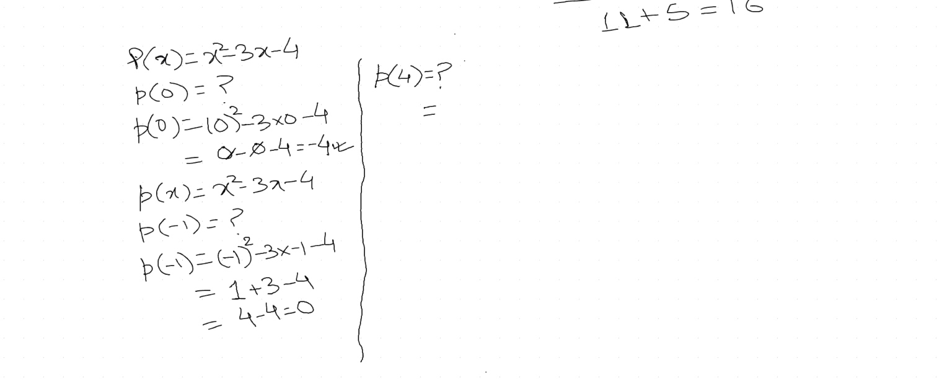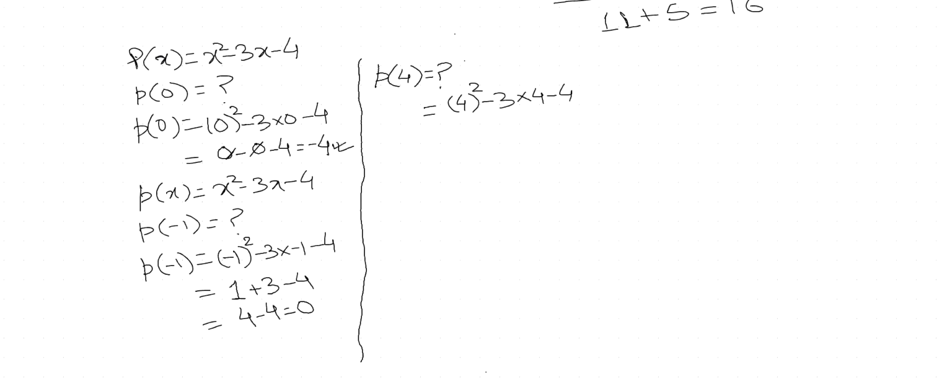So P of 4 means in place of x, you will write 4. So it will become 4 squared. Then minus 3, in place of x you substitute 4, so this will become 3 into 4. Then you have minus 4. So I have not done anything. Wherever you have x, I just substituted 4 here.